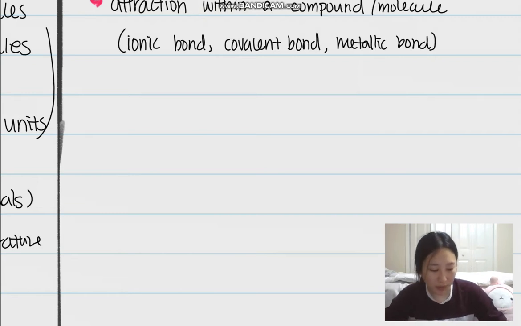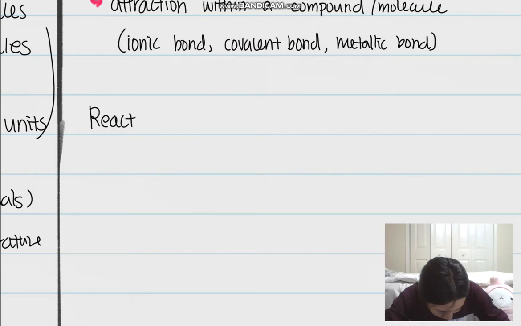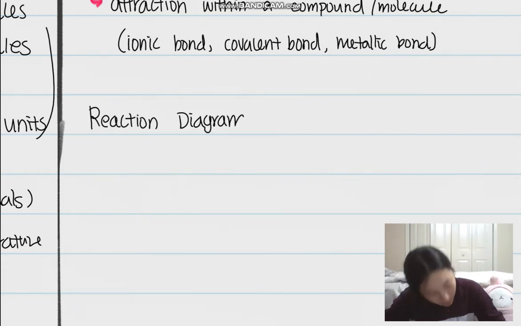So the graph that's going to represent the change for this particular one would be the reaction diagram. Some people call it differently, and I think what you watched was about the enthalpy diagram. So you can also call it an enthalpy diagram.